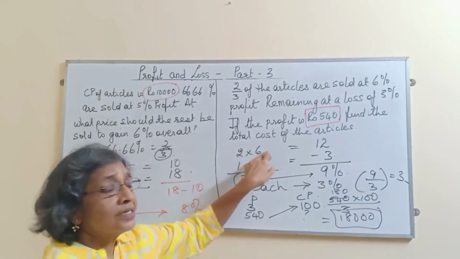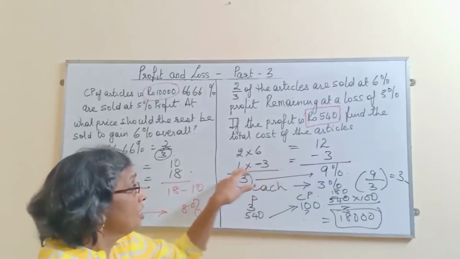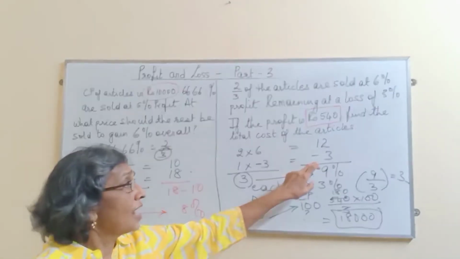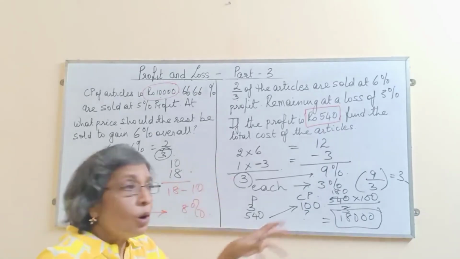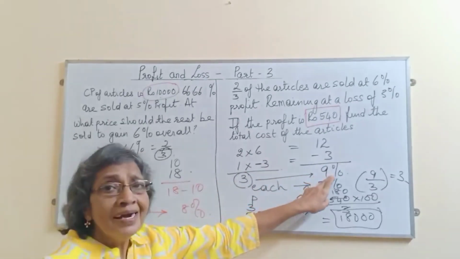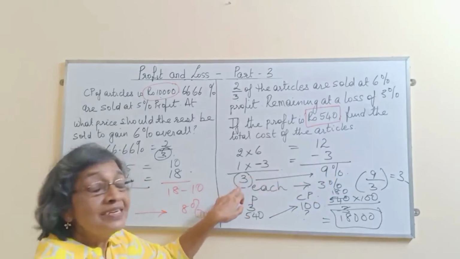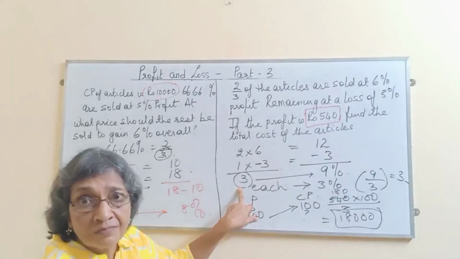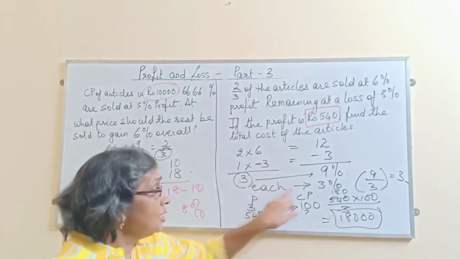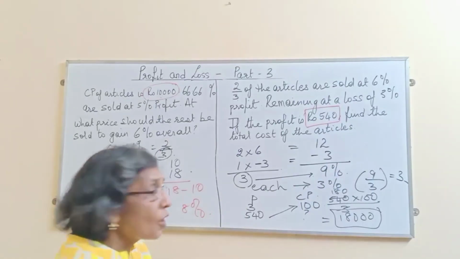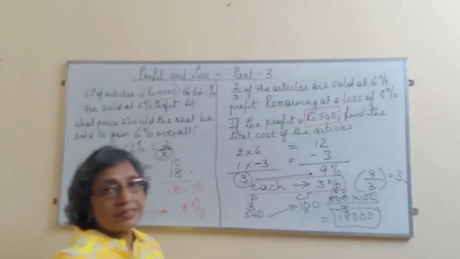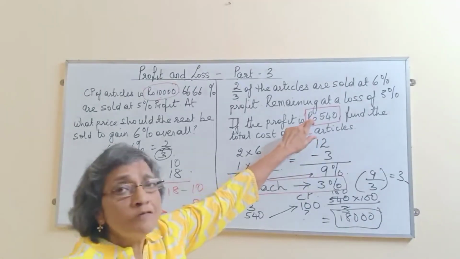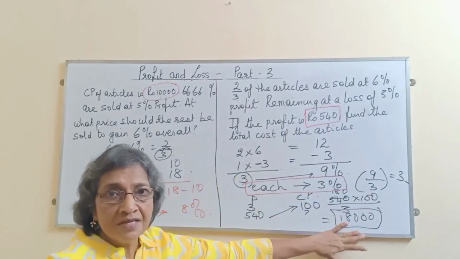So 2 of the articles were sold at a 6% profit. The remaining one was sold at a loss of 3%. But overall, what we saw is he made a 9% profit by selling all the 3 articles. Okay, so for each he is going to make a profit of 3%. And then since we are given the profit, we calculate how much is the CP.